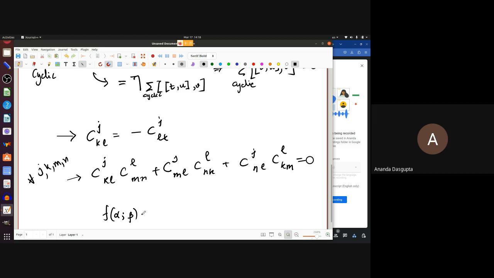From that, we still have to find f. But you will find at the end of the calculation that f can be written down in a manner which will only involve alpha, beta, and the C^J_KLs.